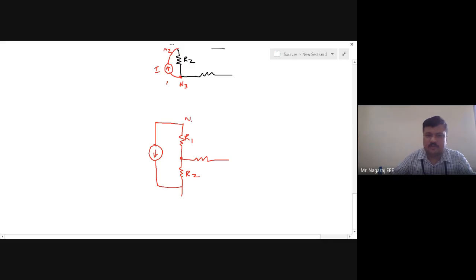Now let this be N1, N2 and N3. Now current is leaving N1 and entering N3.